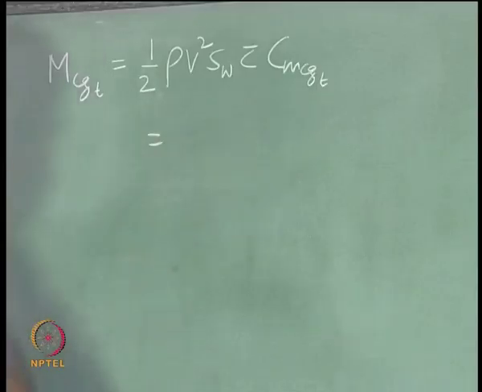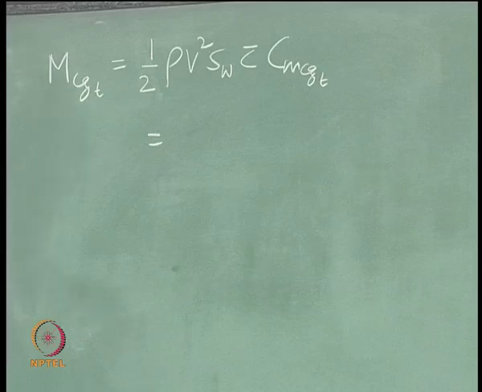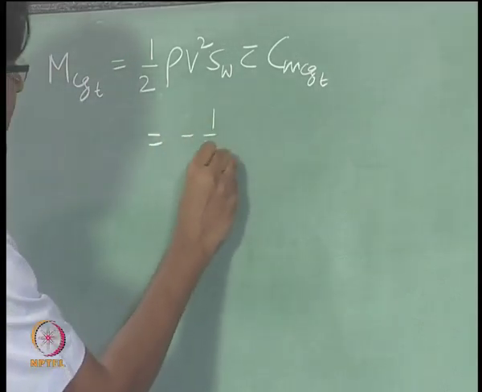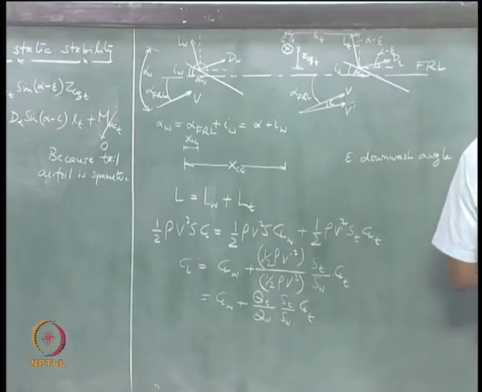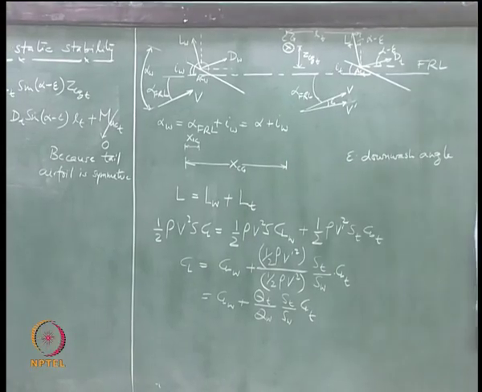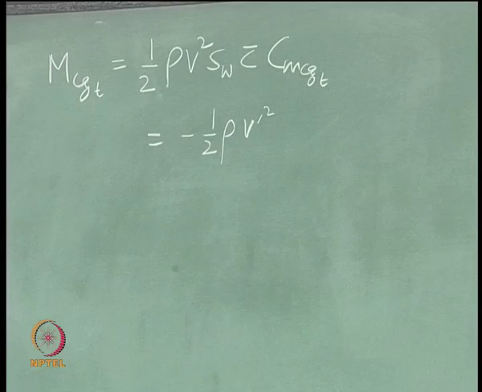And that is equal to minus half rho V prime squared, right, lift at the tail.